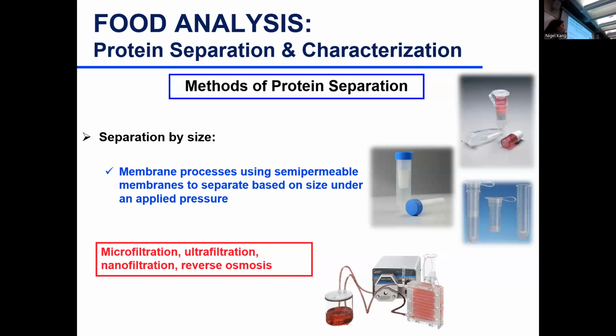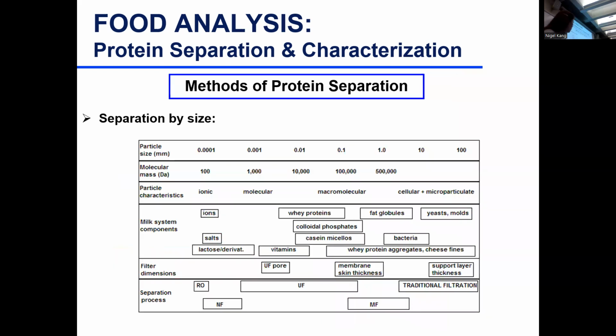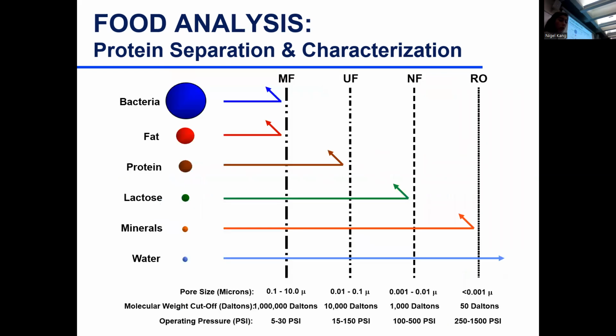If we want to work in large scale, like what we use in industry, then we can use different membranes with different pore size, from microfiltration, ultrafiltration, nanofiltration, and reverse osmosis. It's clear here.